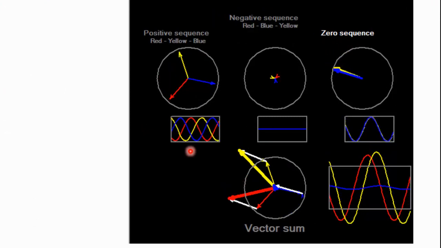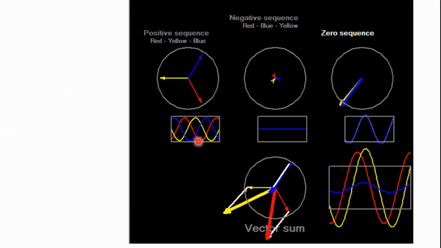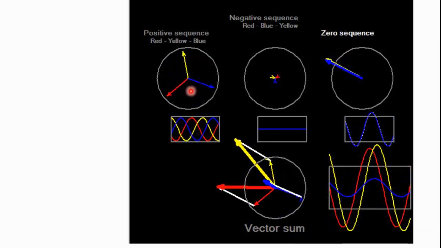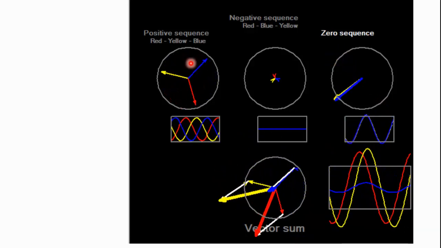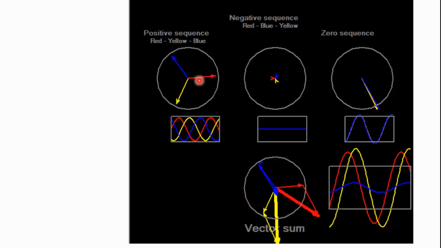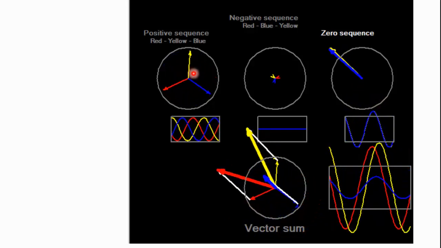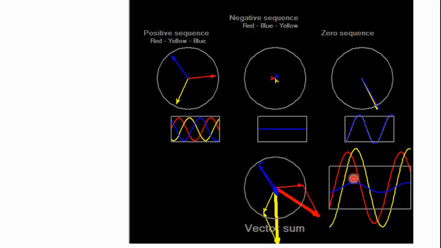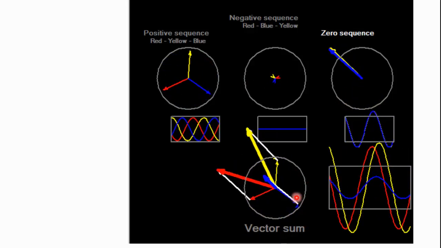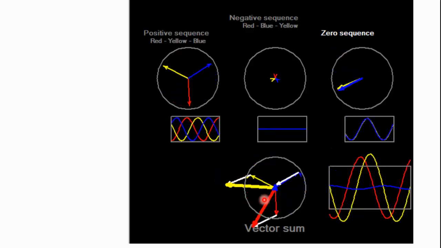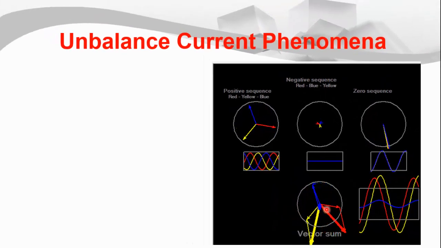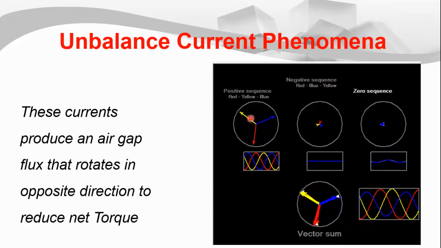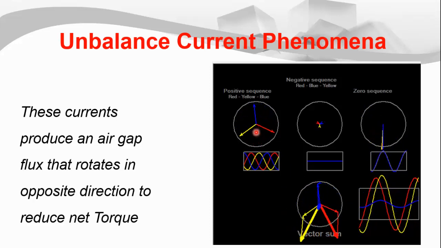First of all, you can see here that whenever there are balanced voltages, only the positive sequence current will flow, and the magnitudes of the three-phase currents are almost equal, with only a slight unbalance. Whereas if the line voltages are unequal, then the negative sequence current will also flow, and this negative sequence current will be in the opposite direction to the positive sequence current in the same machine.